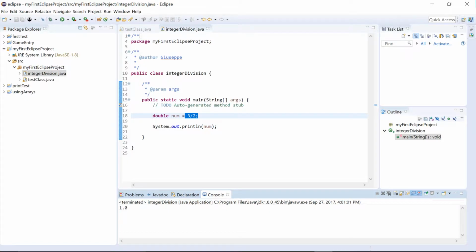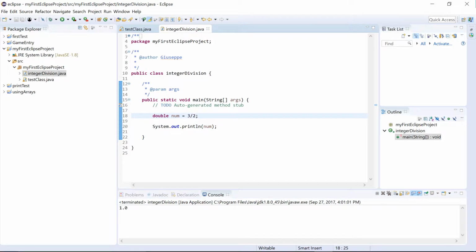So they would have to have decimals to be interpreted as an actual double. If we wanted to get the correct answer, all we would have to do is put 2.0, and we can run that again.